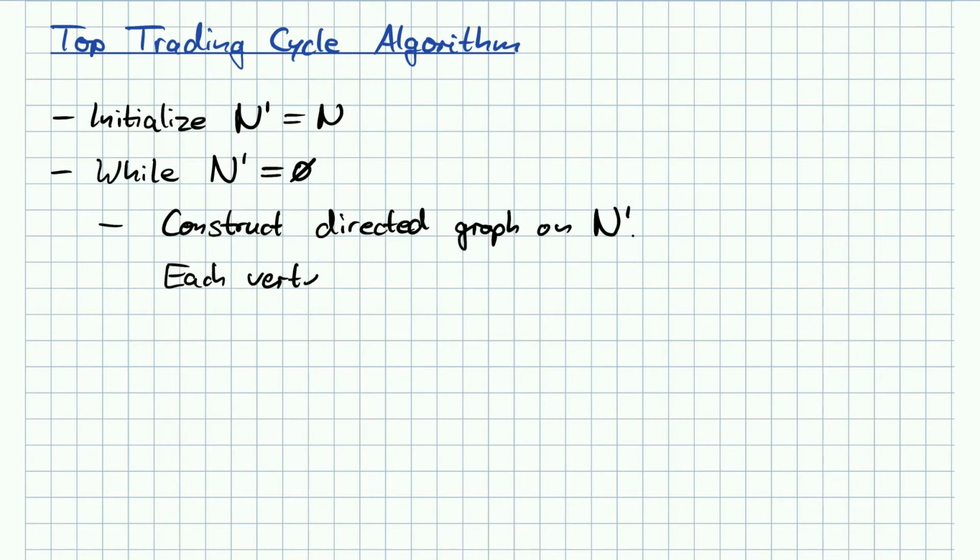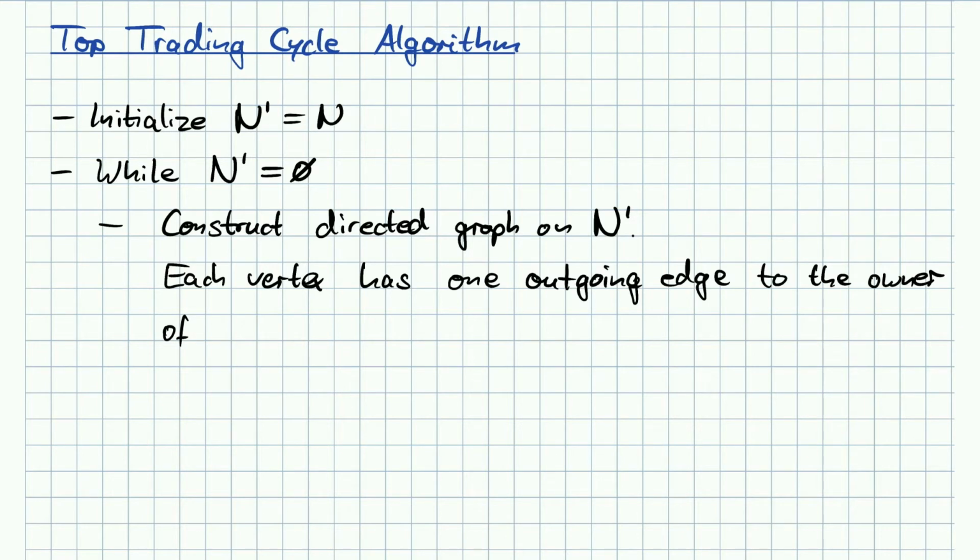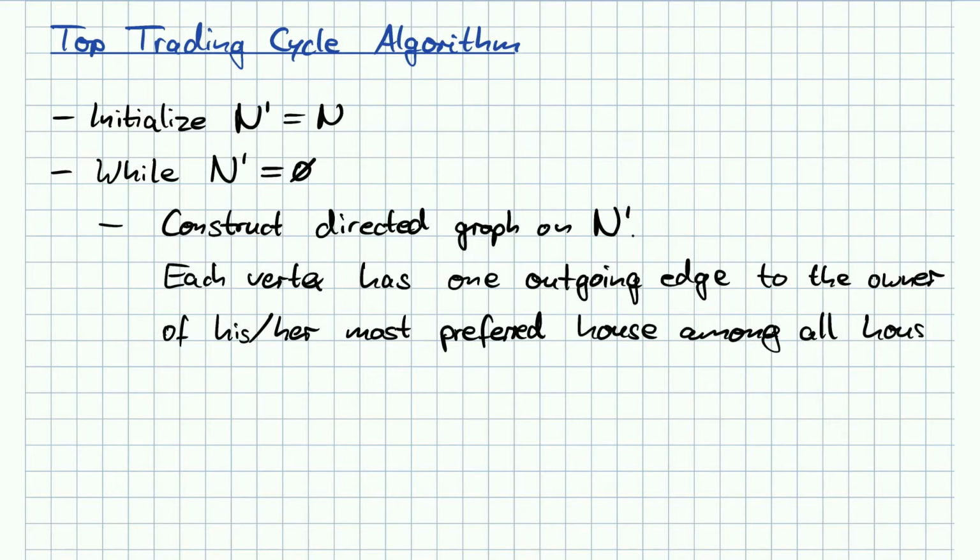Each vertex has one outgoing edge to the owner of his or her most preferred house among all houses owned by n prime.